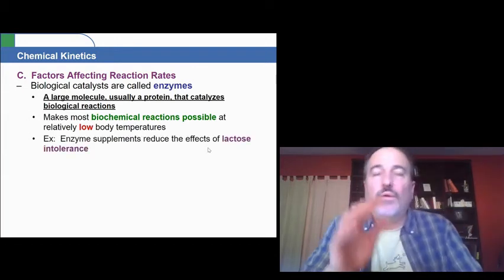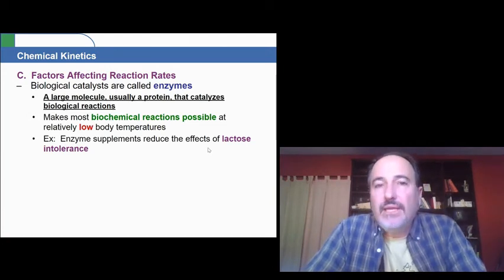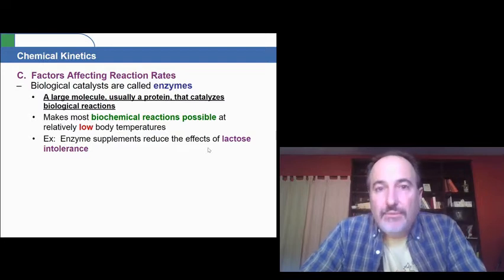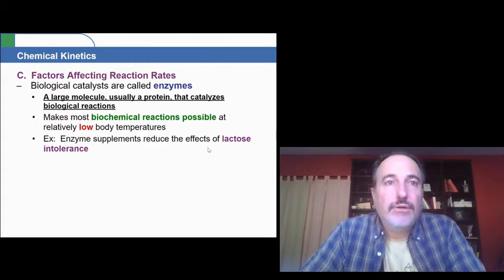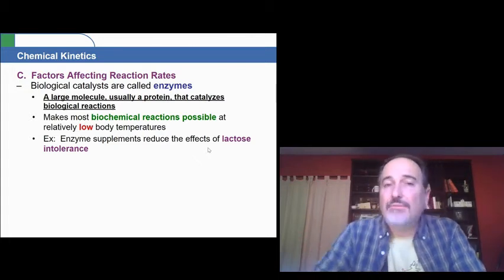And an example of an enzyme, all right? There's a special enzyme that certain people produce that allows them to digest lactose, which is the primary sugar in cow's milk. Now, not every person born has that capability.